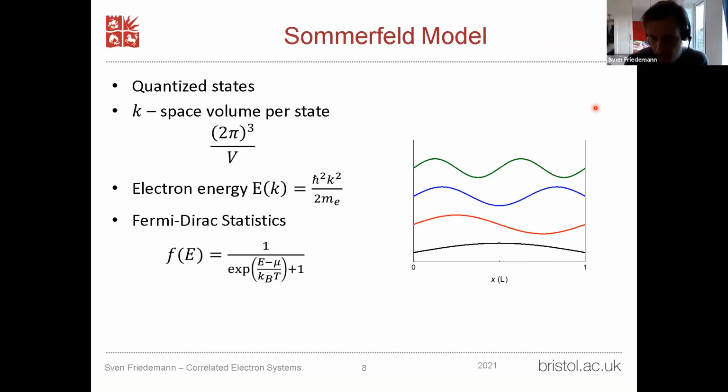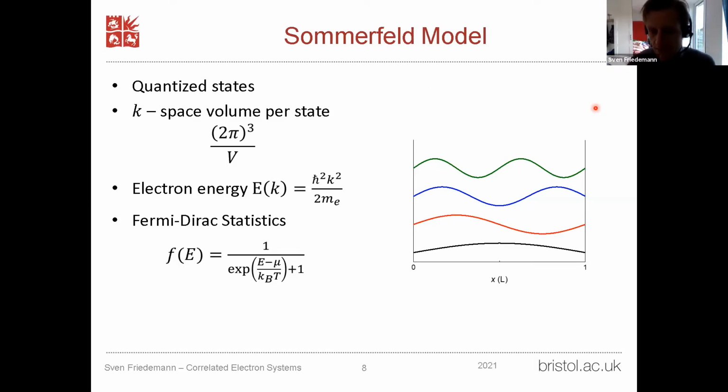The basics of the Sommerfeld model, in contrast to this Drude theory, is that now we no longer consider classical free particles. Rather, we consider the electronic states to be standing waves that have to fit into our material.